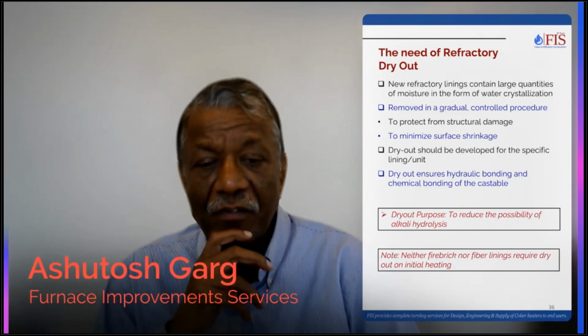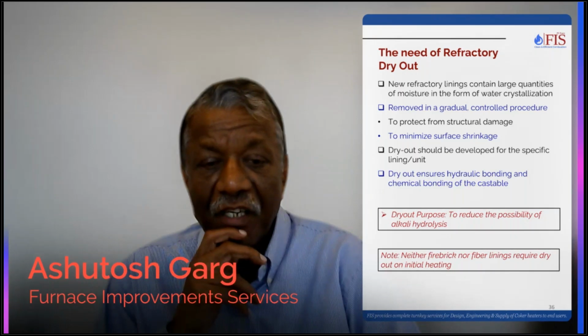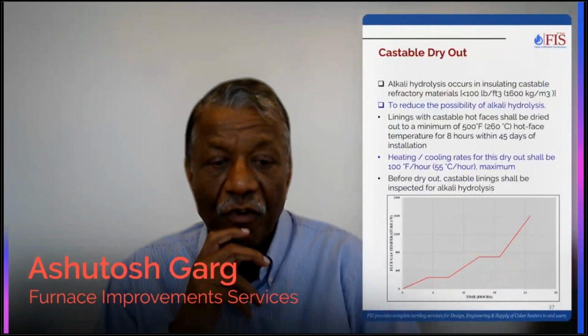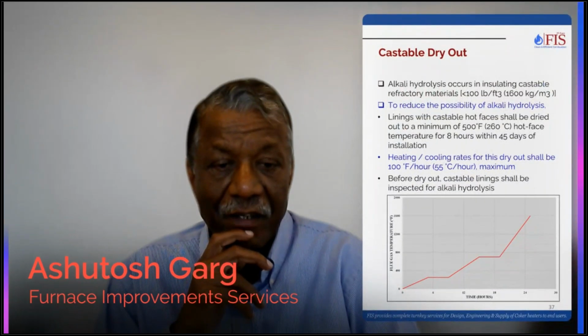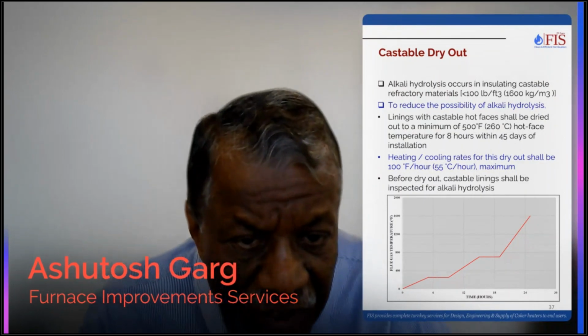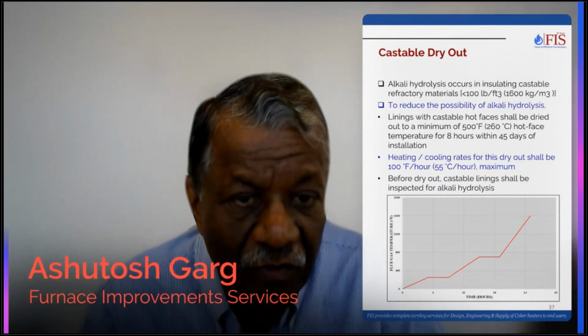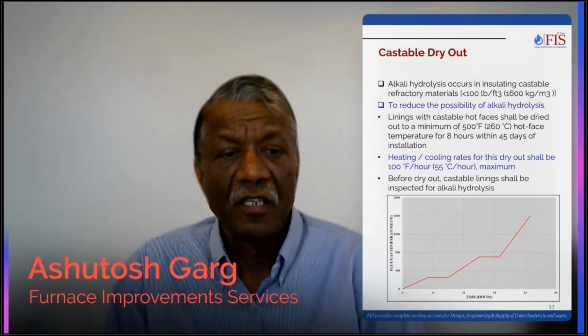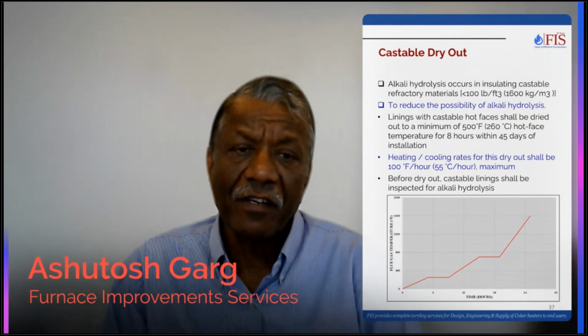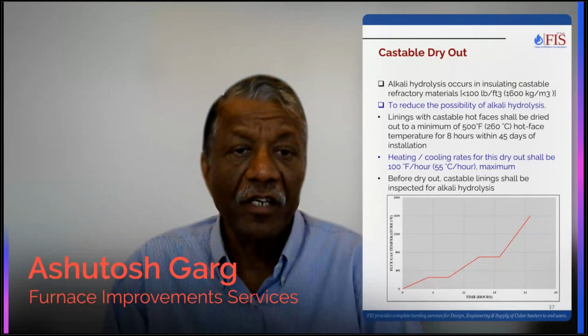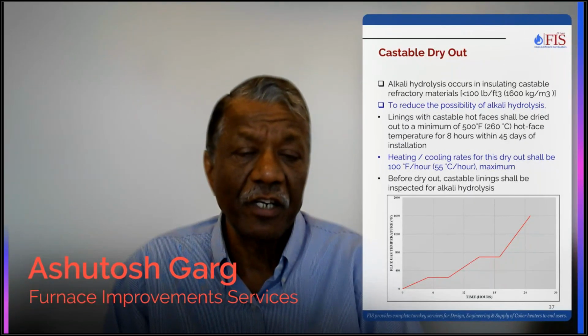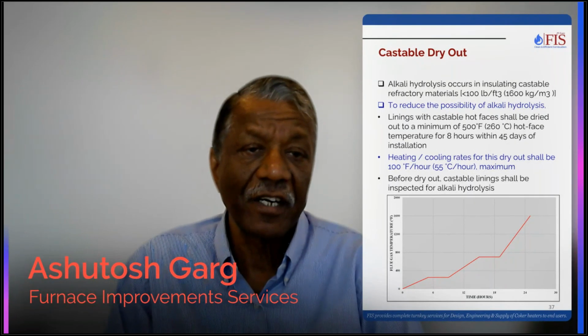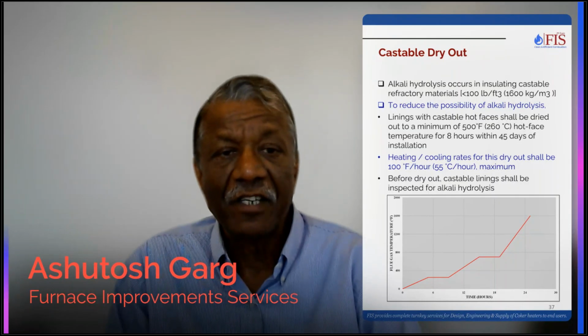And then whenever you reach 250 degrees, we need to hold it for about 12 hours. Then at 500 degrees or 600 degrees, we hold again, and then go up further. This is done very, very commonly. But the reason it is done is because if you don't do it, you will have alkali hydrolysis occurring in castables, and that will damage the refractory.